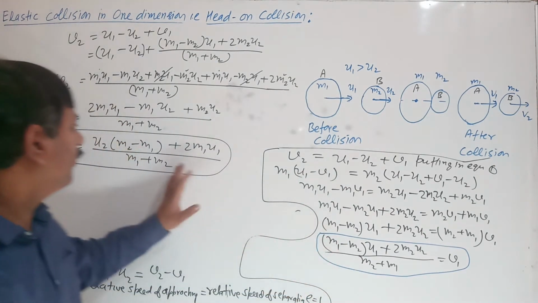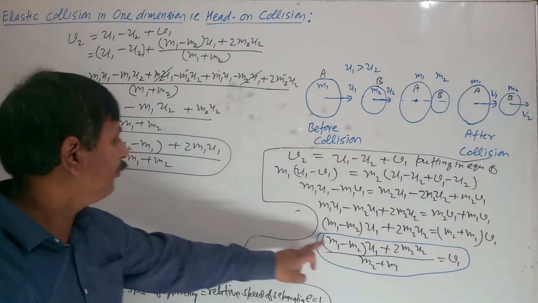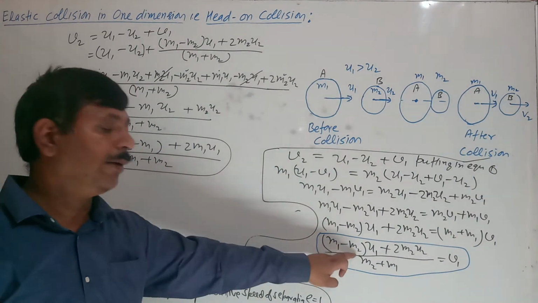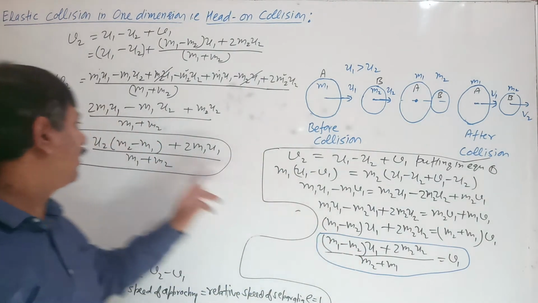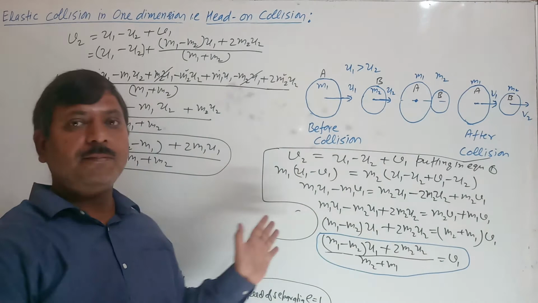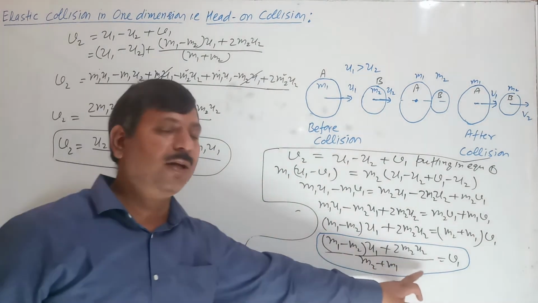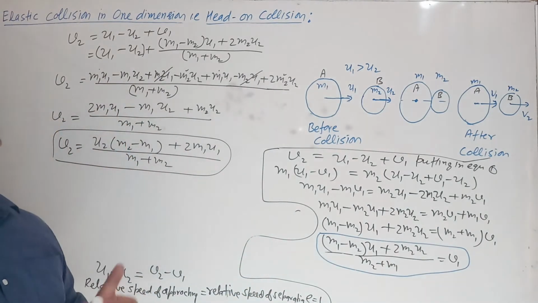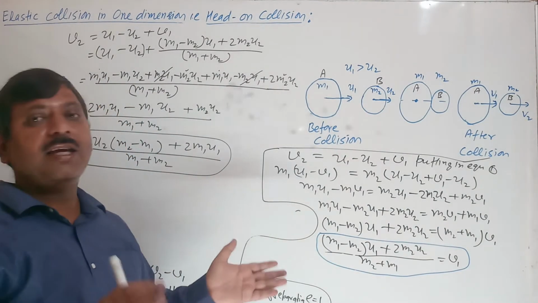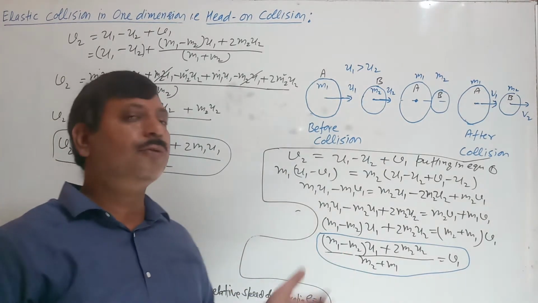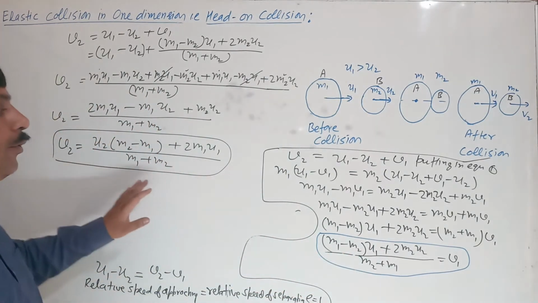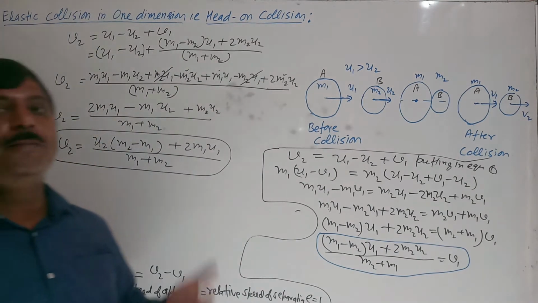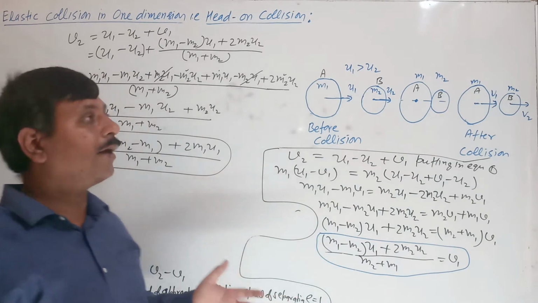So see in these two formulas you can see m1 is replaced by m2. m1 के स्थान पर m2, m2 के स्थान पर m1, u1 के स्थान पर u2 and u2 के स्थान पर u1. तो एक फार्मूला अगर याद है, if we have remembered one formula, then for the other, just change it. m1 को m2 से इंटरचेंज कर लो, u1 को u2 से इंटरचेंज कर लो, तो you can find the another one. तो what we have abstract of this conclusion क्या निकला?